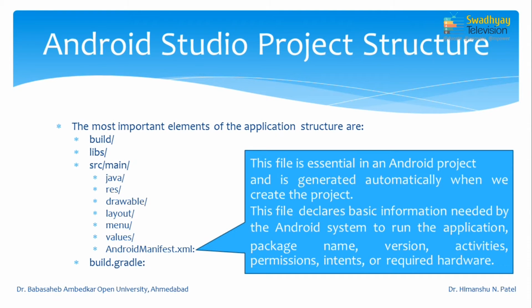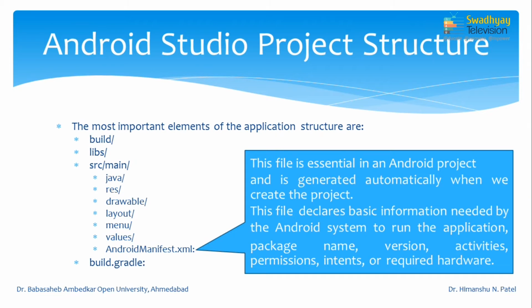Next is the AndroidManifest.xml file. This file is a very important file for your project because it is generated automatically and it declares basic information needed by the Android system to run the application.